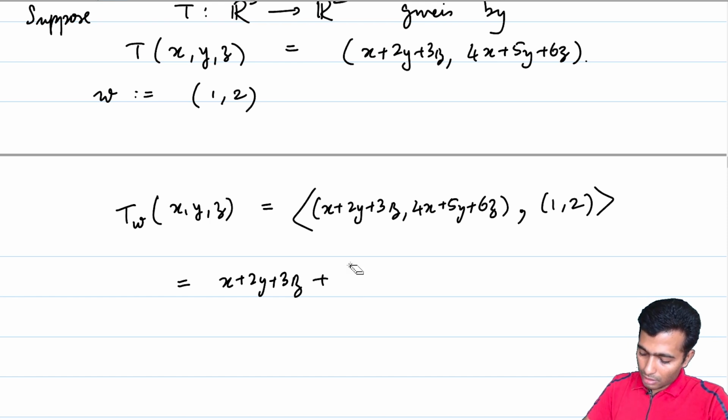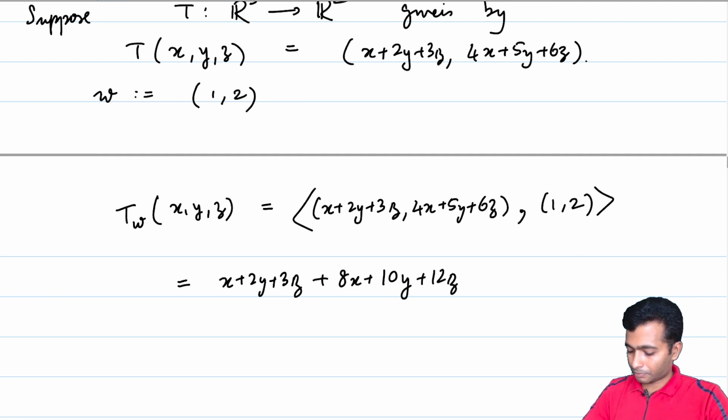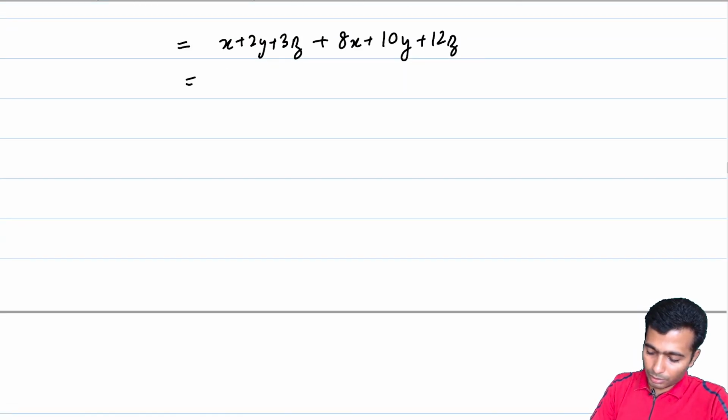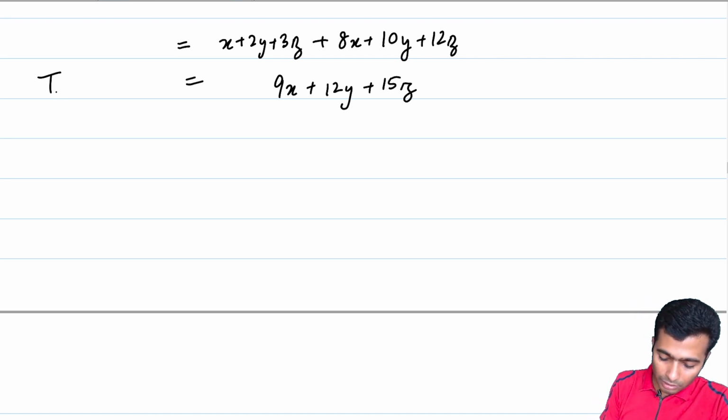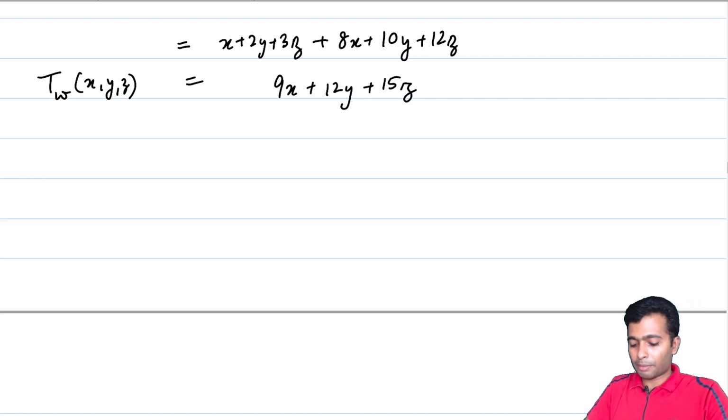This is 8x plus 10y plus 12z, which is equal to 9x plus 12y plus 15z, which happens to be a linear functional. So notice that this is T_w of (x, y, z). So this happens to be a linear functional on R3, which is the domain. So that is not any mere coincidence.